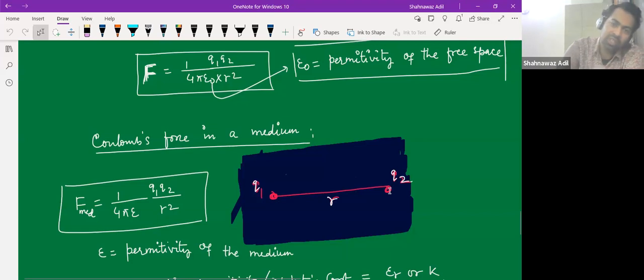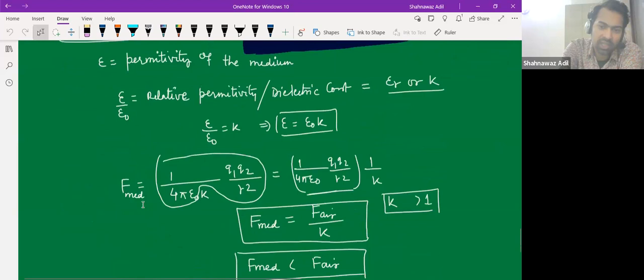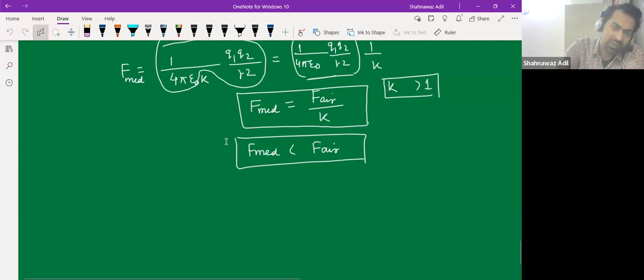Let's say we put these two charges in water, right? Then what will happen to the Coulomb force? So we saw that this will be decreased, and it will be decreased by 1 over k times, right? So this k is called the dielectric constant, and these have some specific values.